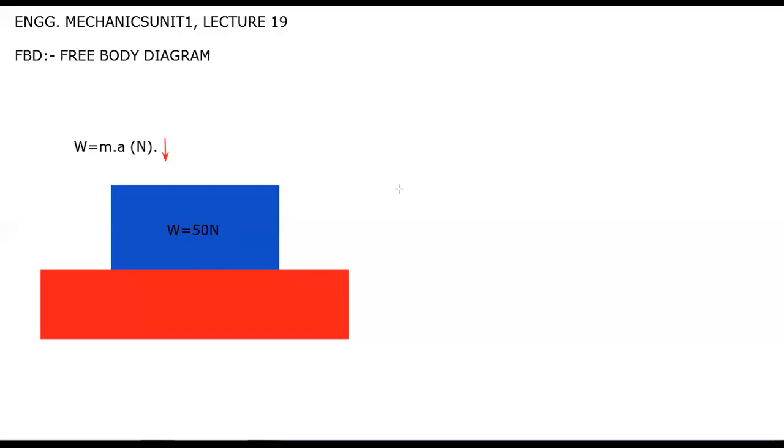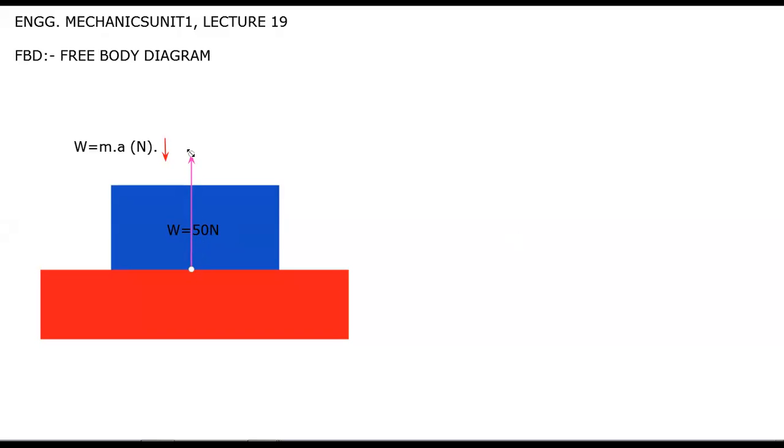Now, according to Newton's third law of motion, to every action there is an equal and opposite reaction. So therefore, an equal and opposite amount of force will be exerted by the table on that body.